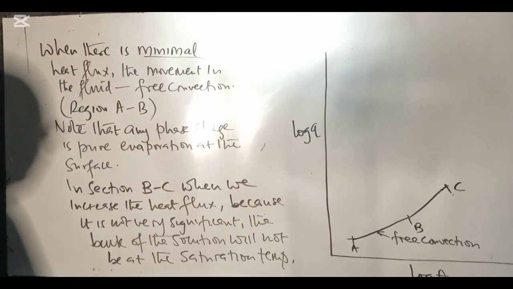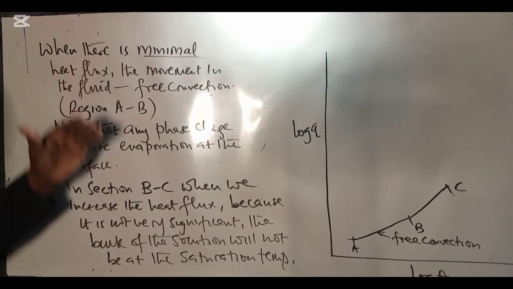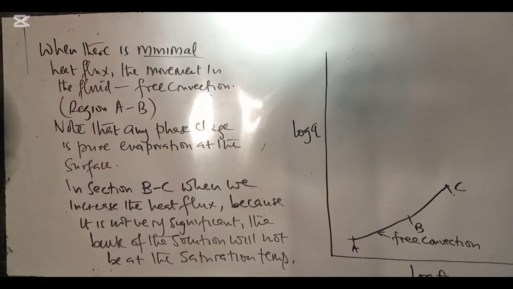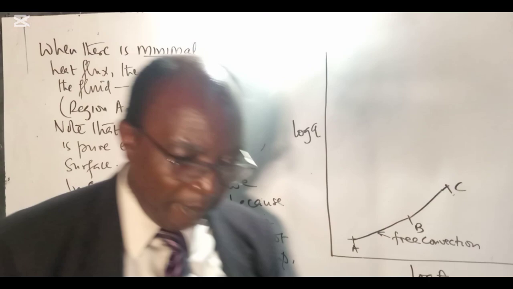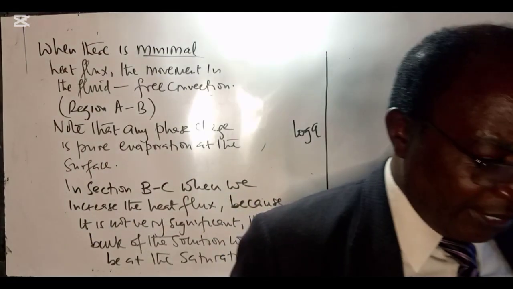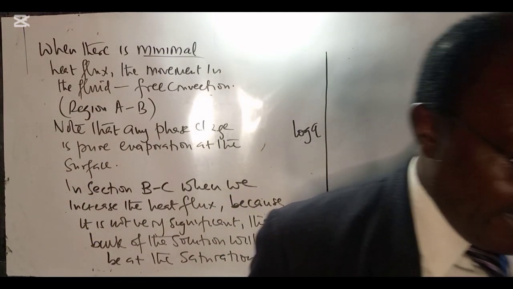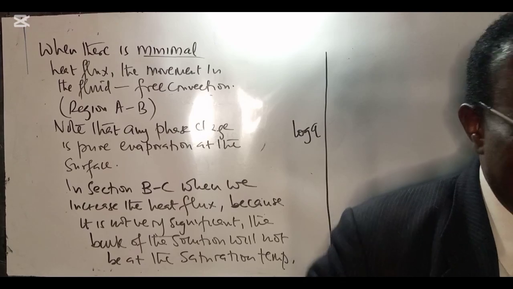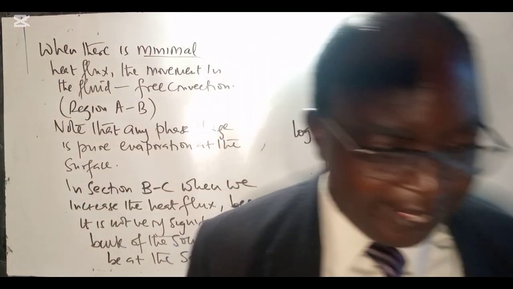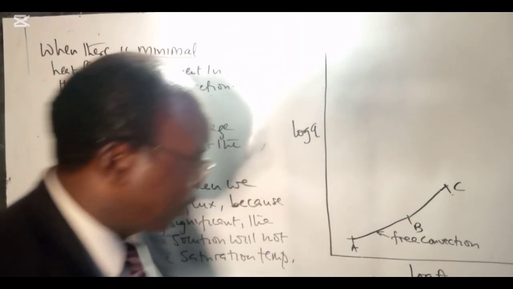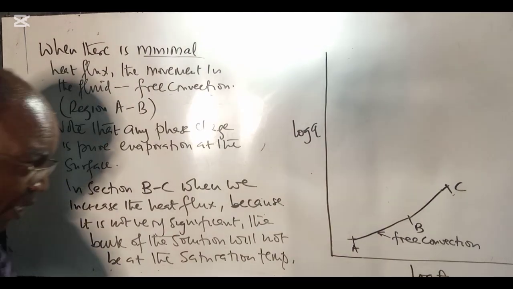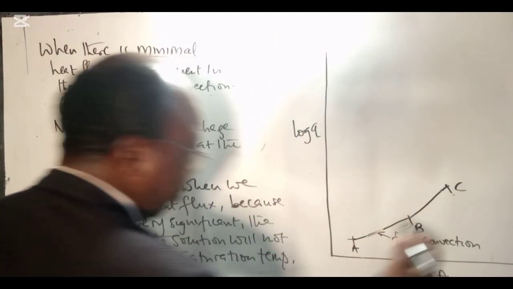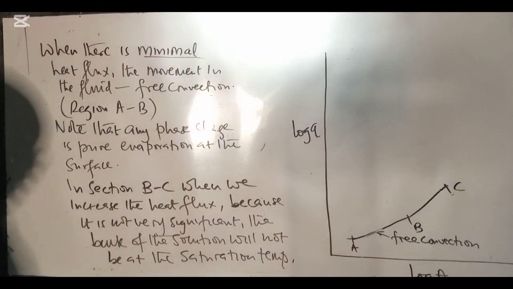And you can see that for both sections AB and BC, because the heat flux is not quite significant, first of all, we are not seeing any significant changes in the slope of Q versus theta.